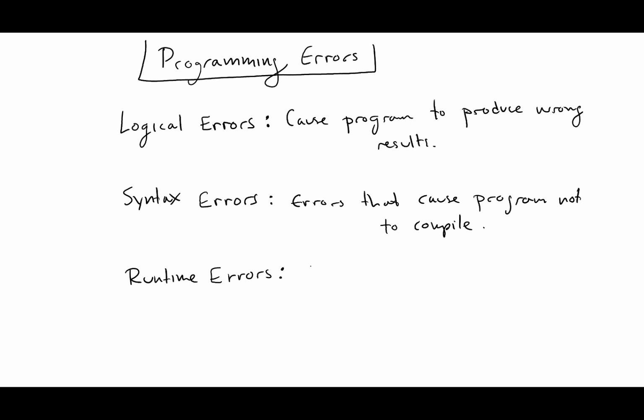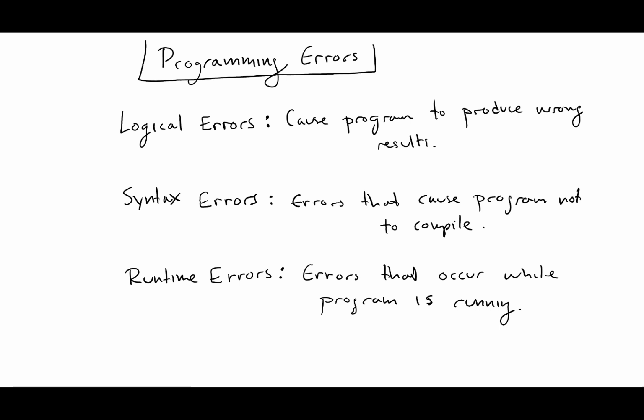Runtime errors, so these are errors that occur while the program is running. And so if you've ever been using like Word or some other program and it crashes, that means that it had a runtime error.